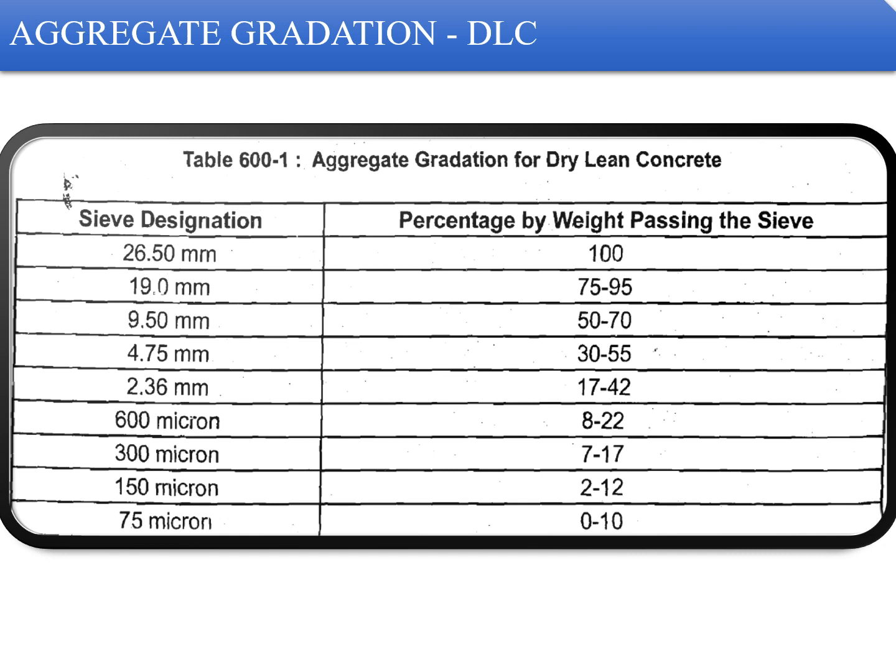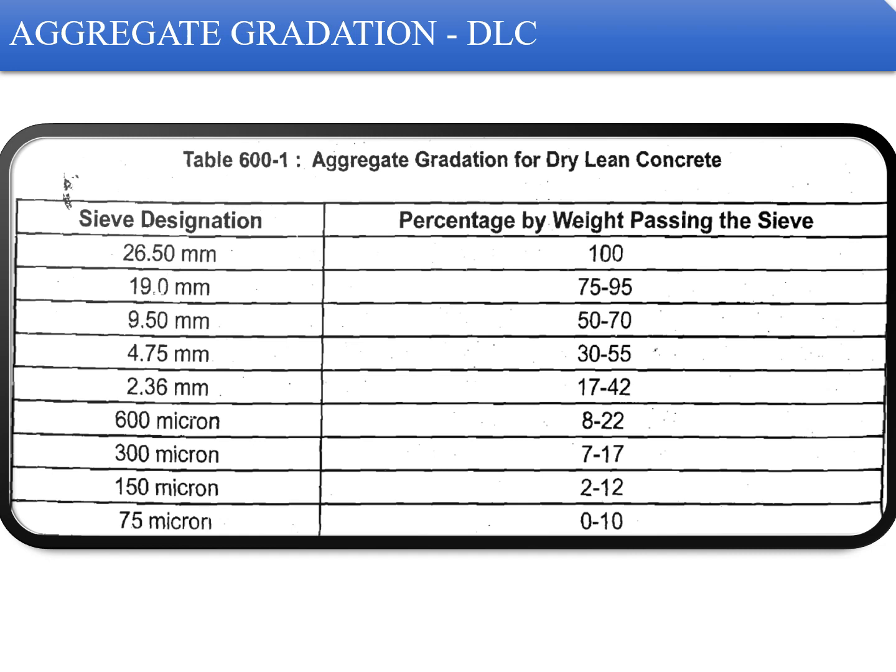The gradation required for the ingredients used in the DLC mix should meet the criteria given in table 600.1 of MORTH. Looking at table 600.1, you can see that the maximum size of aggregate to be used in the DLC mix is 26.5 mm, where 100% of the material should pass through this 26.5 millimeter sieve, and the percentage passing the 75 micron sieve is restricted to 0 to 10%.